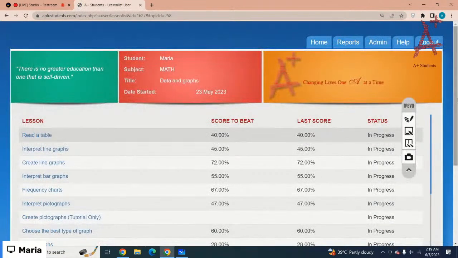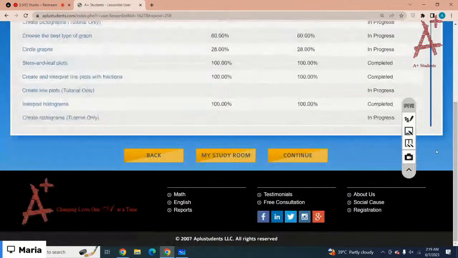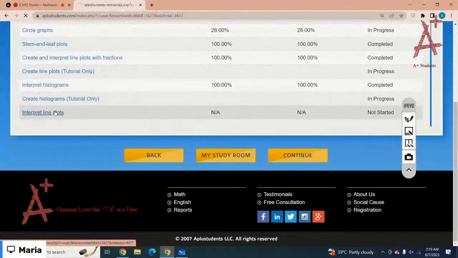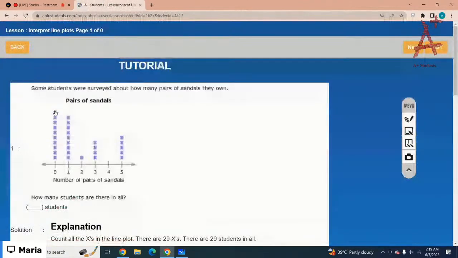And the next lesson is interpret line plots. Let's start with the lesson. Some students were surveyed about how many pairs of sandals they own. So how many students are there in all? You have to calculate the total.